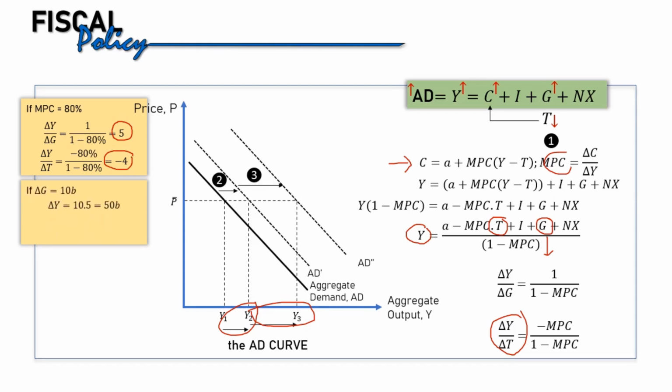So we can see if G, for instance, increases by 10 billion, Y will increase 5 times bigger, which is 50 billion. When T, for instance, increases by 10 billion, what's going to happen to Y? Y will decrease by 4 times 10, or equals 40 billion.